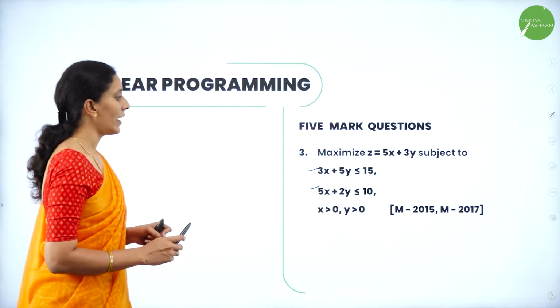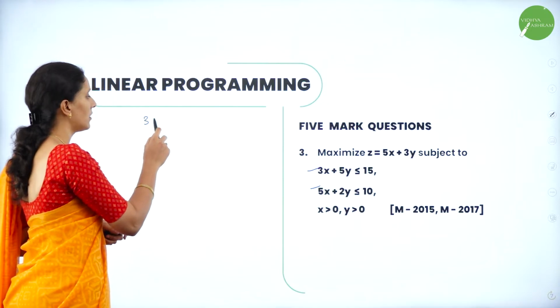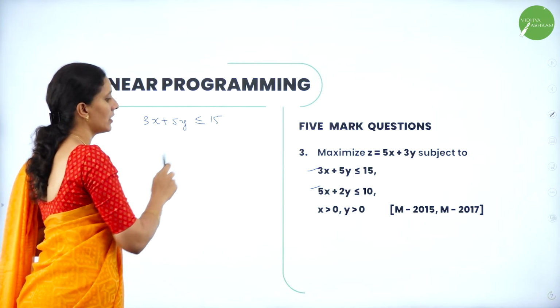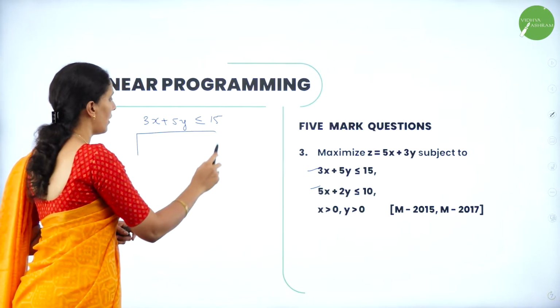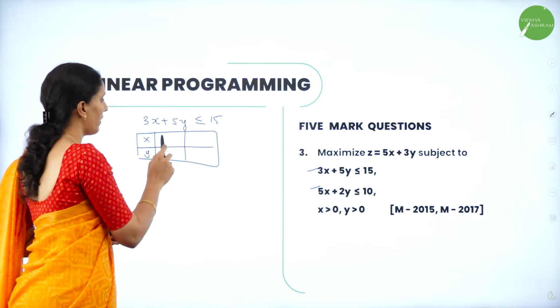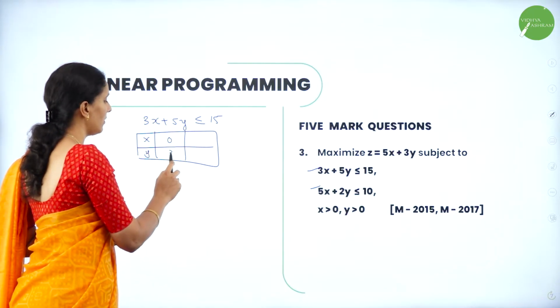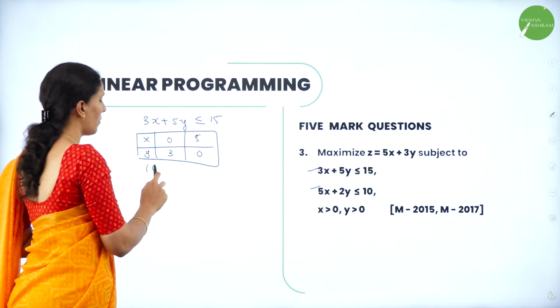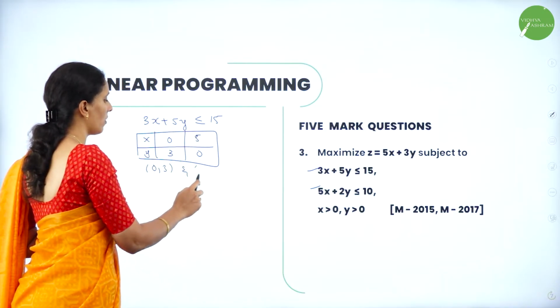So let's take the first equation 3x plus 5y less than or equal to 15. Let's write the points for this. We have x, y. If x is 0, y is 3. If y is 0, x is 5. So therefore the points are 0, 3 and 5, 0.